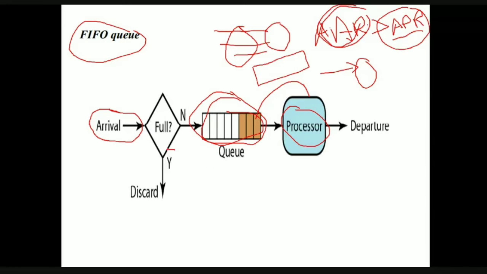If the queue is full, the router discards the packet. If the queue is not full, we fill these packets in the queue, they are given to the router to process, and after processing they depart from the router. So this is how FIFO queue processing, or FIFO scheduling, is done. Is this clear? I hope so.